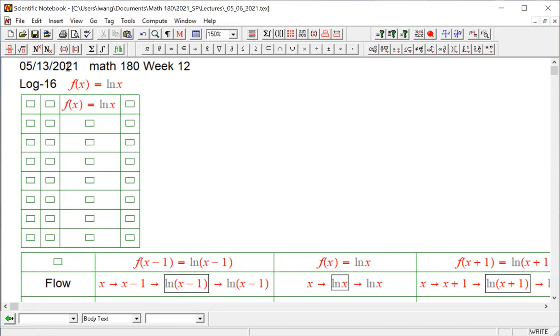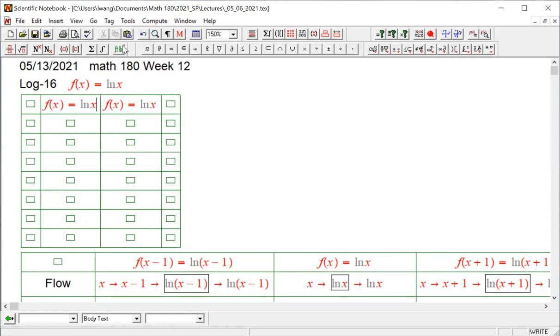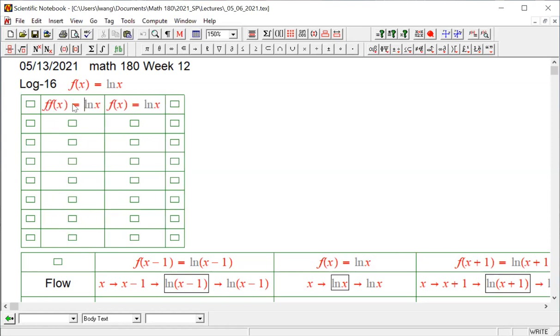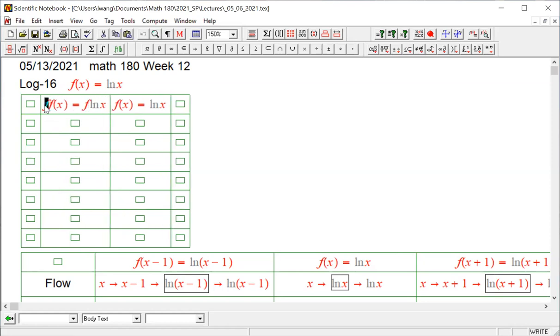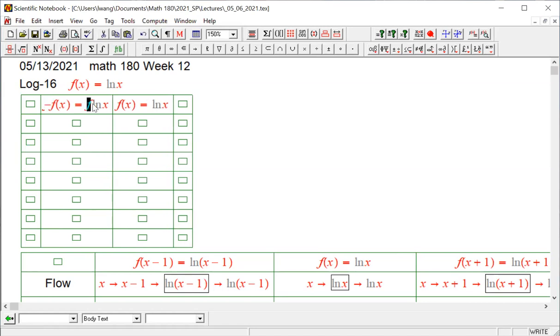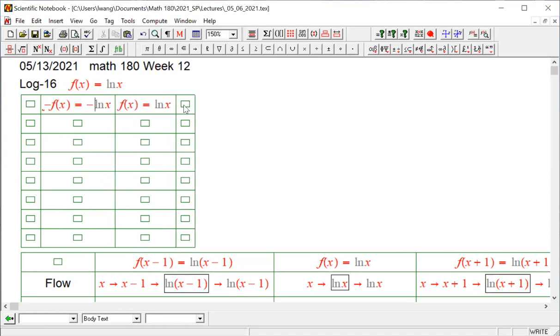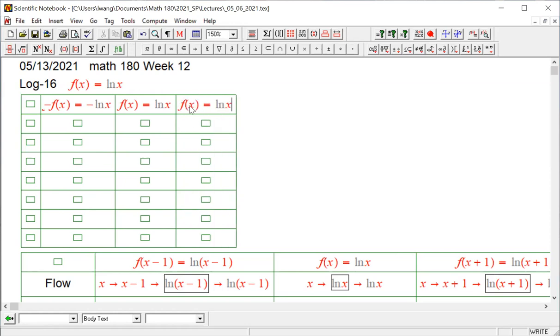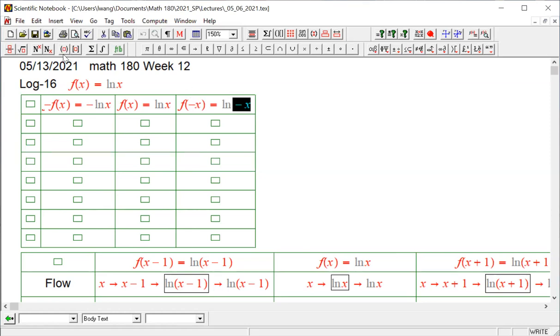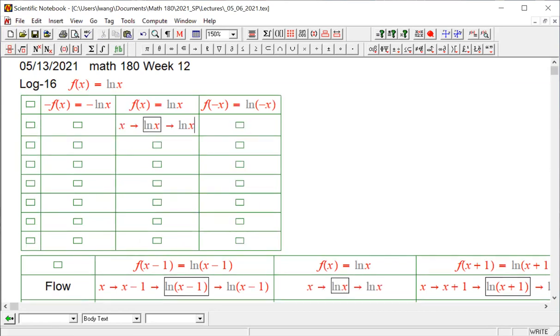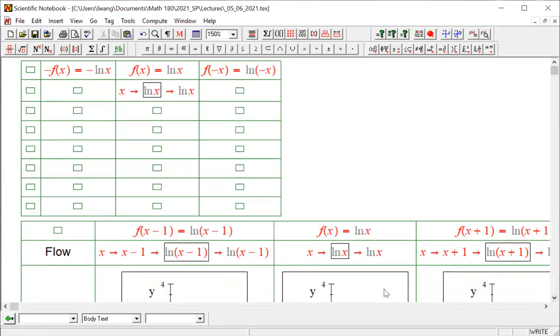Okay, one is f of negative x, with a negative sign over here. And the other one is negative f of x. We've been doing this over and over again, right?